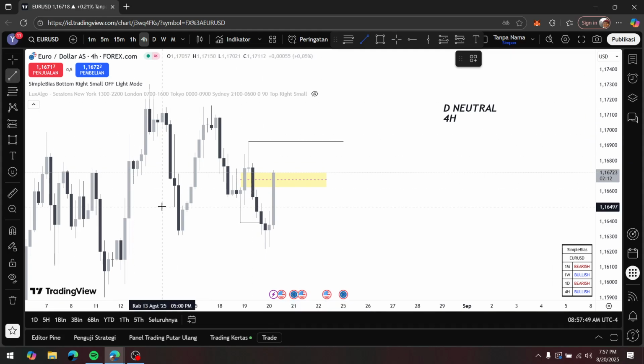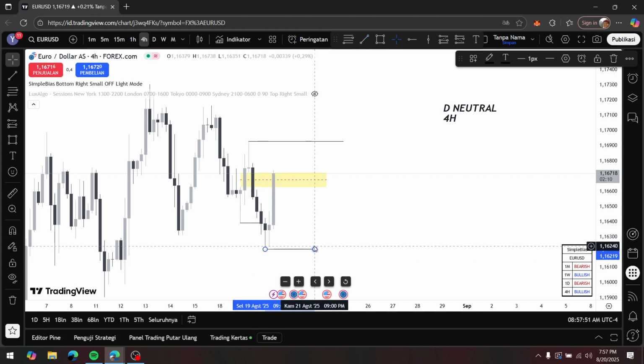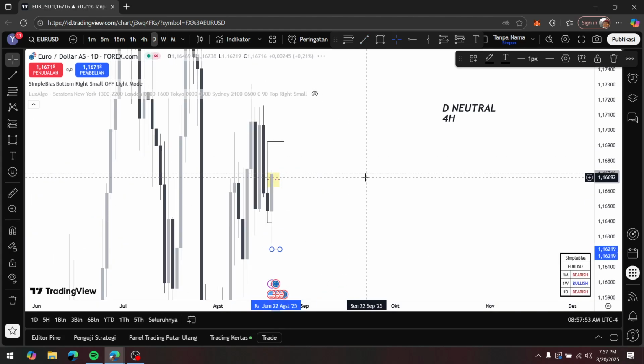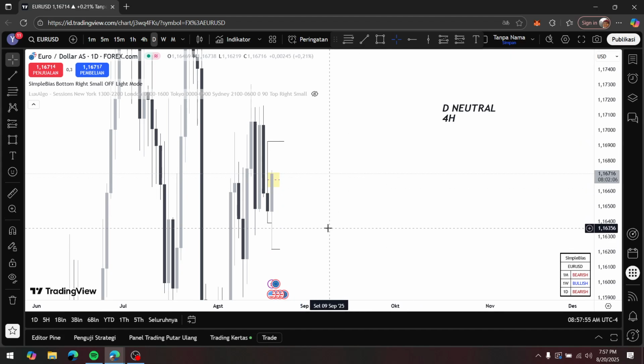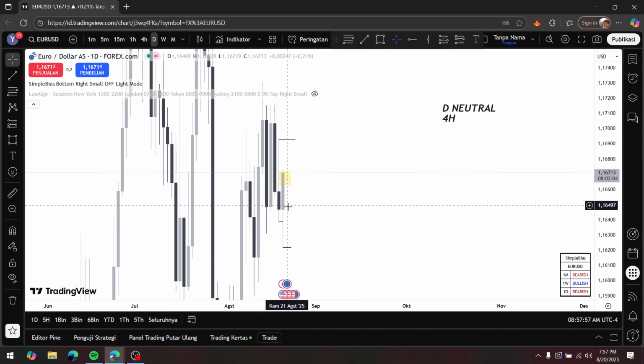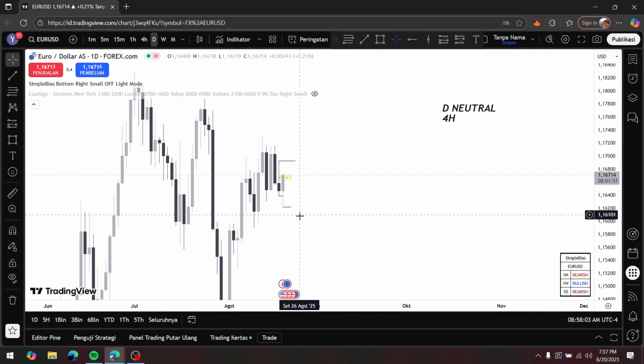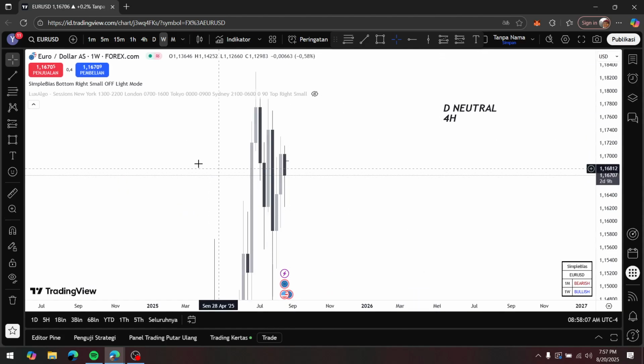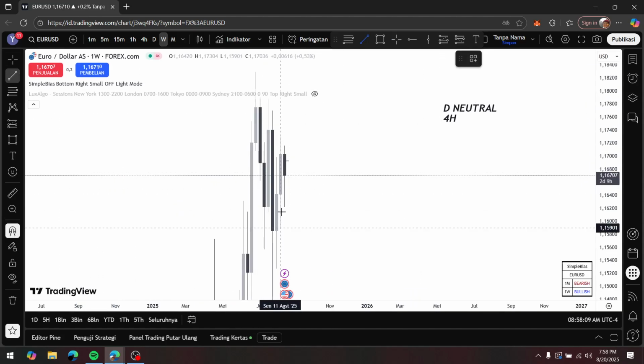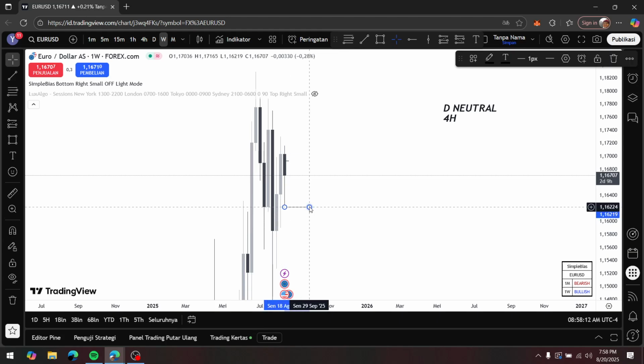Oh yeah, I forget to mark this. So it's already swept. This is not already swept. Weekly, for our liquidity we must mark until weekly.